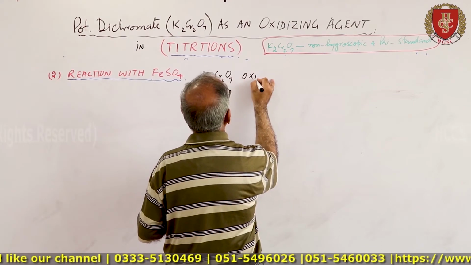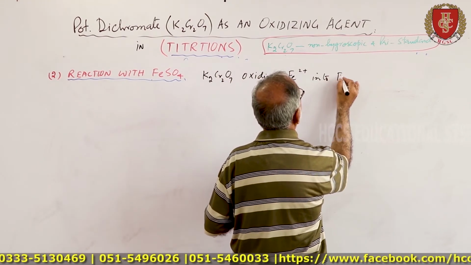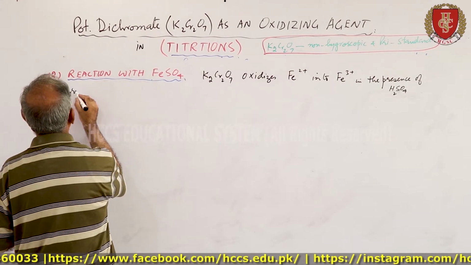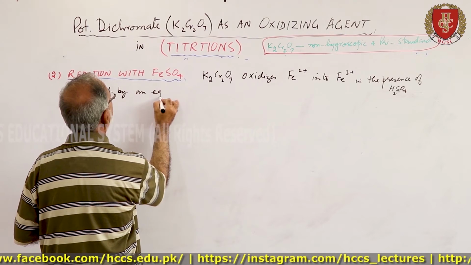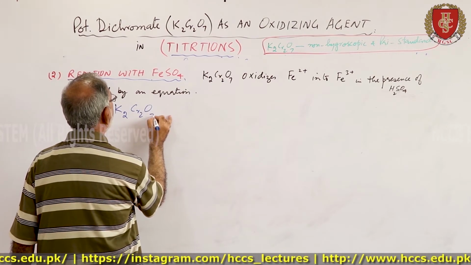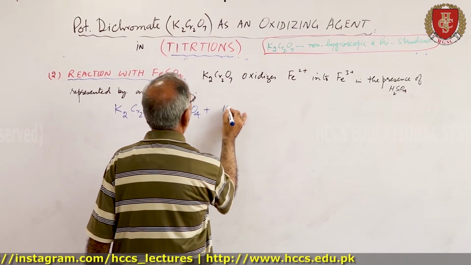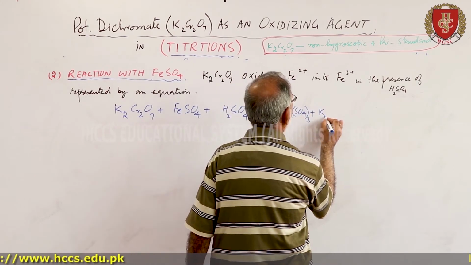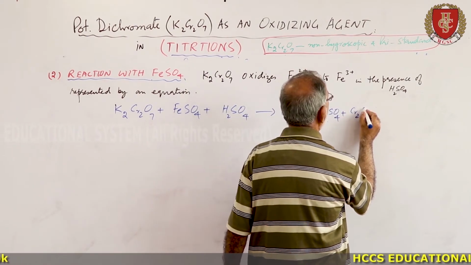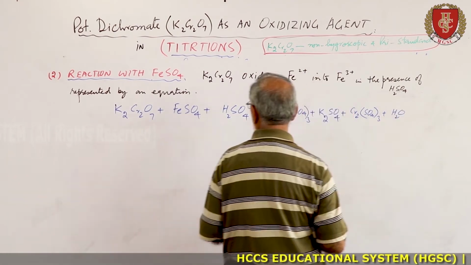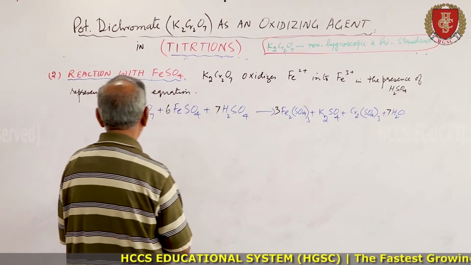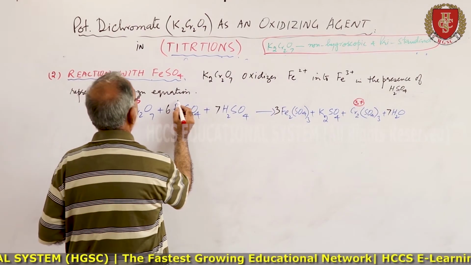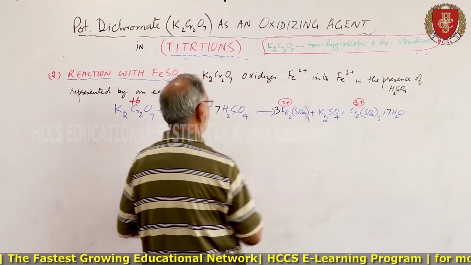K2Cr2O7 oxidizes Fe2 plus into Fe3 plus in the presence of H2SO4, represented by the equation K2Cr2O7 plus FeSO4 plus H2SO4 gives Fe2(SO4)3, K2SO4, Cr2(SO4)3 plus water. Here chromium is plus 6, here it is plus 3, this is plus 2 and this is plus 3.